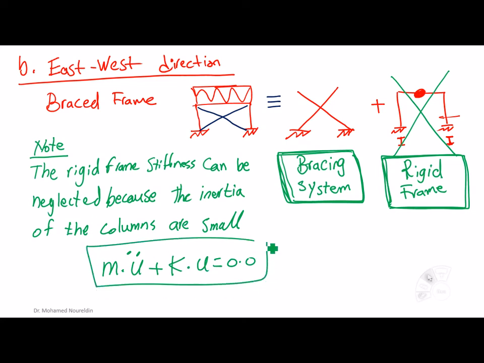There is no damping term here. This means we need to know what m and what k to put. In this case, k is the east-west stiffness, so we need to know the east-west stiffness that is present in this equation. The mass, we have already explained and obtained from the previous slide.